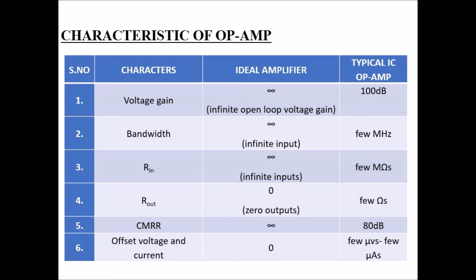Common mode rejection ratio. For an ideal amplifier it should be infinity, but for a practical amplifier it is around 80 dB.